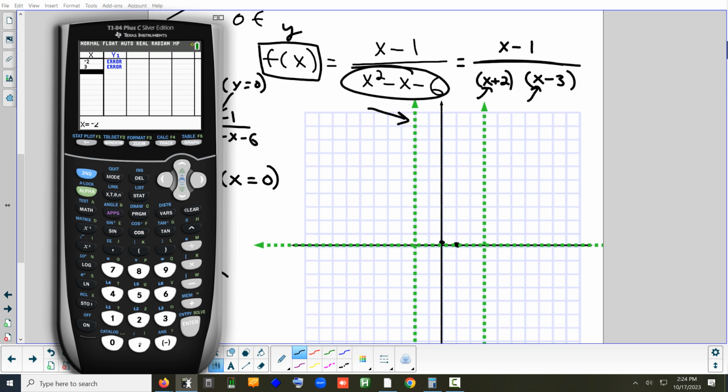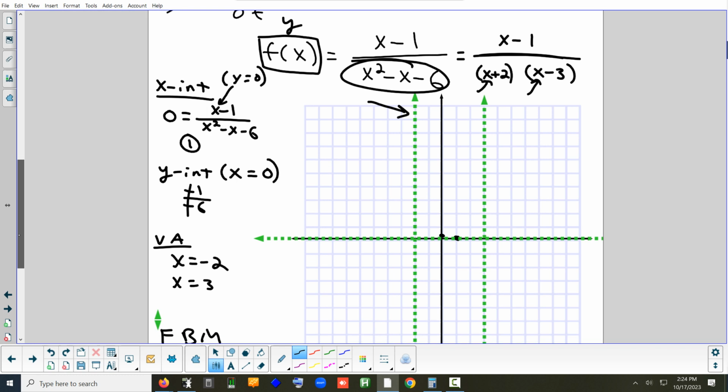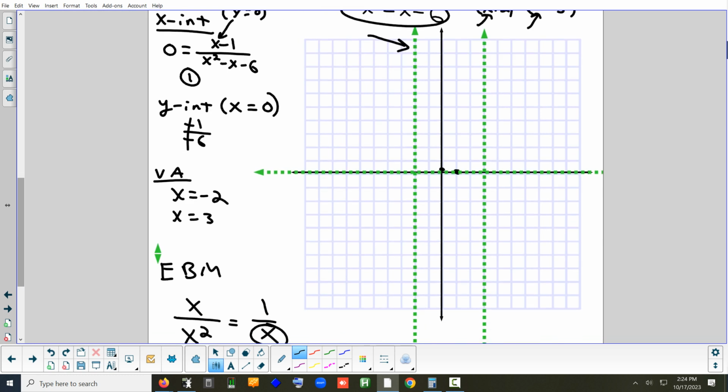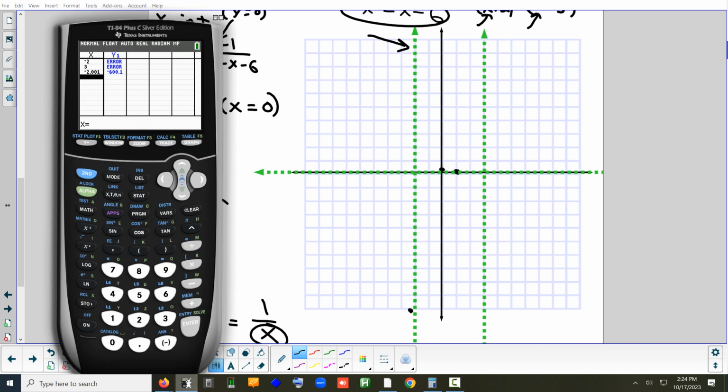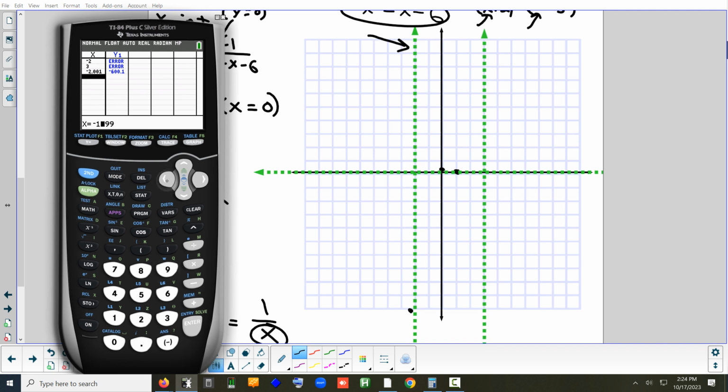Negative 2.01. And when you plug in negative 2.01, you're down at negative 600. So basically you're way down. Now let's try a value a little bigger than negative 2. Negative 1.99. Negative 1.5.